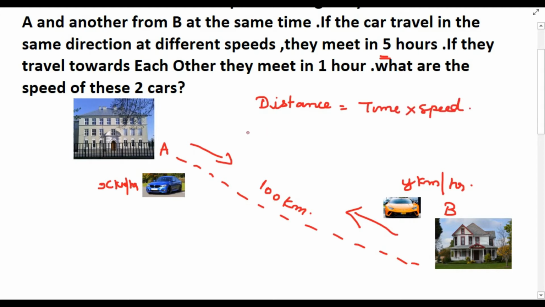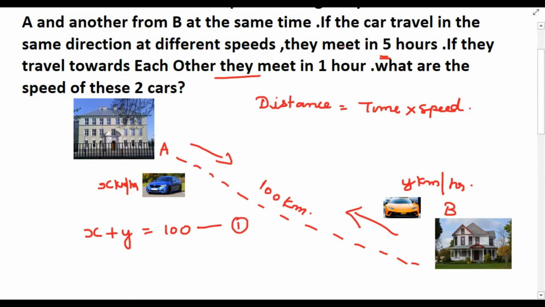So if they both travel towards each other, they meet in 1 hour. What does that mean? If they travel in opposite directions, they meet in 1 hour. So that is x plus y is equal to 100, since distance is equal to time into speed. So this is our first equation.